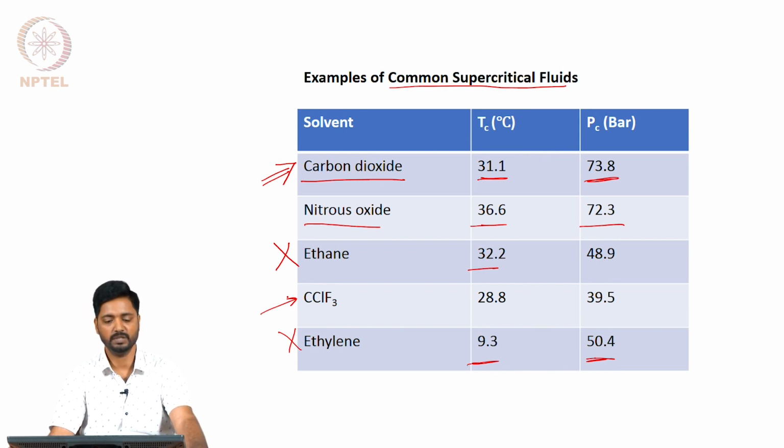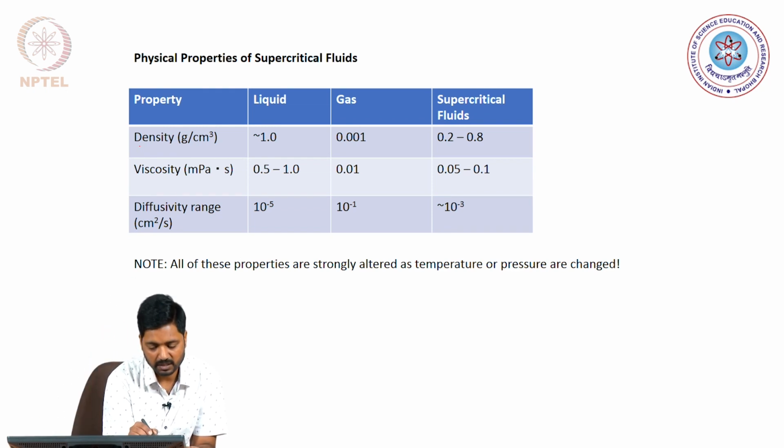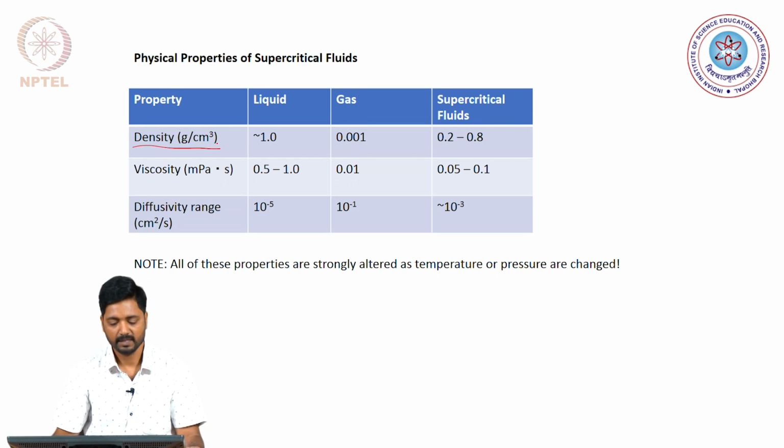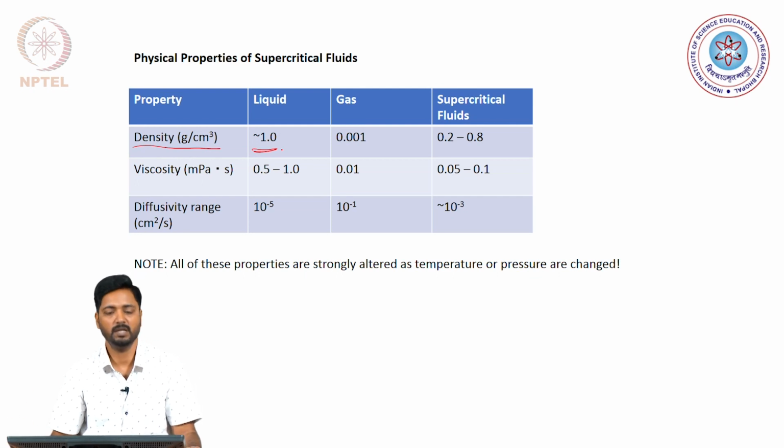as supercritical fluids now. So, what are the properties of supercritical fluids and how do they contrast with the traditional liquid and gaseous phases of matter that we are dealing with in our day to day lives? So, if I consider the density of the material, then in its liquid phase the material has very high density. So, for example, liquid water will have a density of 1 gram per ml or 1 gram per centimeter cube.